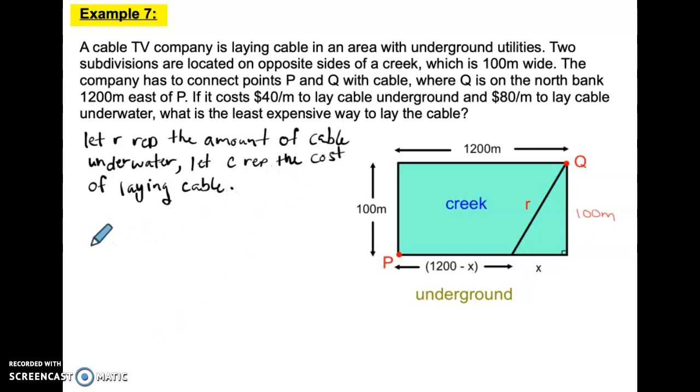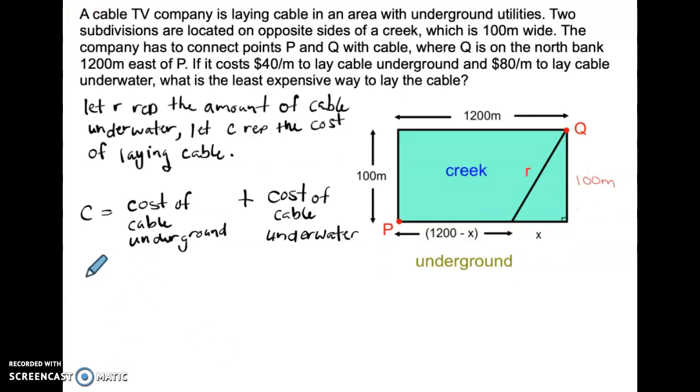Okay, so we need to come up with an equation for cost. To find an equation for cost, it's going to be the cost of the cable on ground plus the cost of the cable underwater. So to find the cost of the cable underground, we're going to take the amount of cable underground, which in this case is the 1,200 minus x, and multiply by the cost per meter, which would be $40.